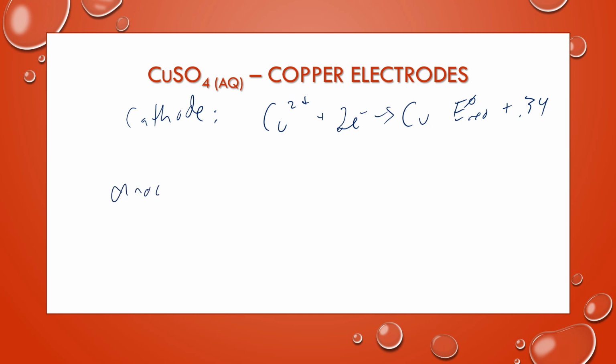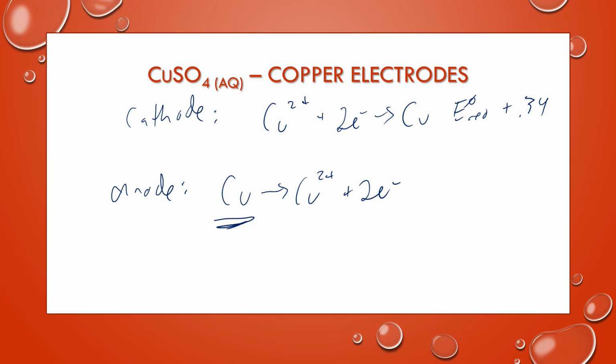At the anode, not only do we have the sulfate ion and the water, we also have a third option now because copper is reactive. The copper electrode itself can participate in the reaction. So that solid copper electrode can be oxidized to form copper 2+ ions and 2 electrons. And this is going to happen because copper is more reactive than the water or the sulfate ions.